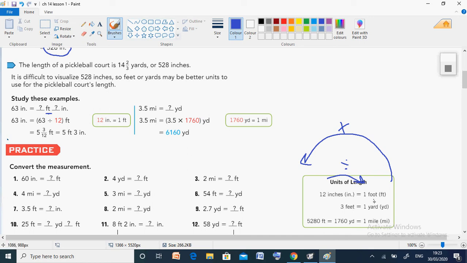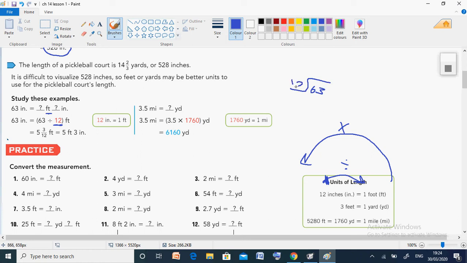From smaller to larger, we have to divide. Okay, boys? So, inches to feet. 63 inches to feet, I have to divide by what? By 12. So 63 divided by 12, I will divide it here.